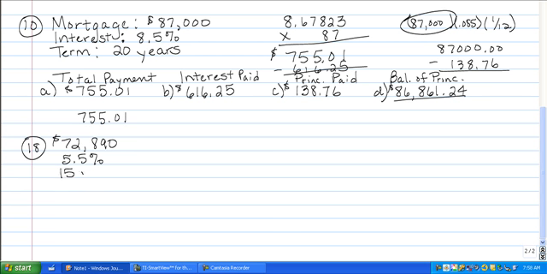Taxes are $1,850. And insurance is $545.